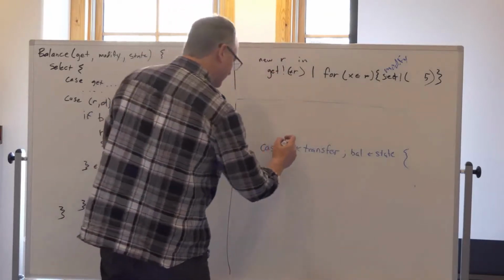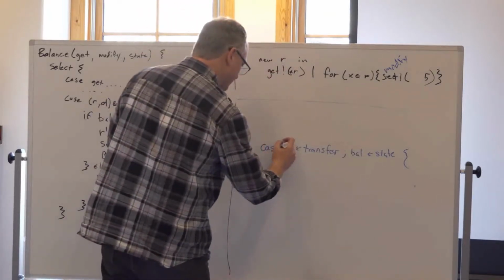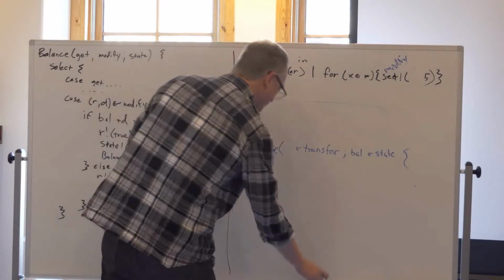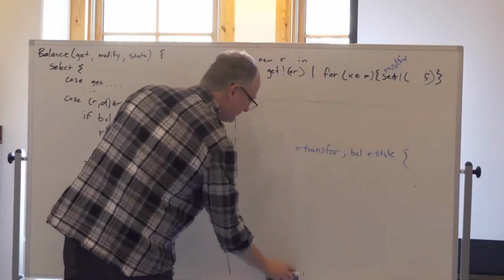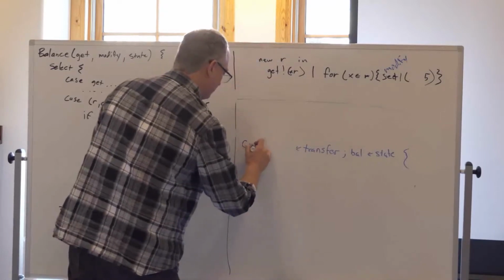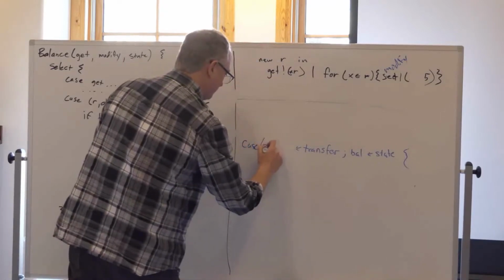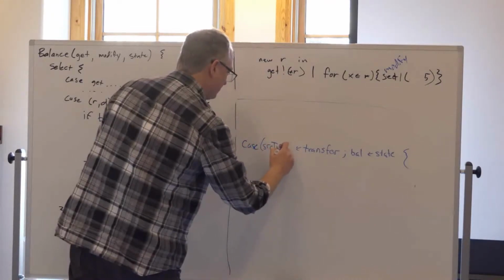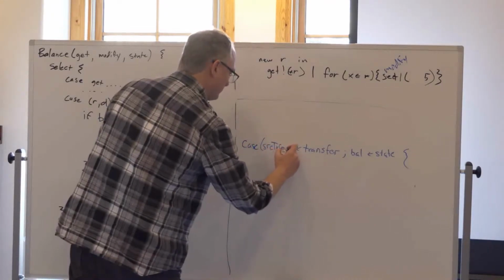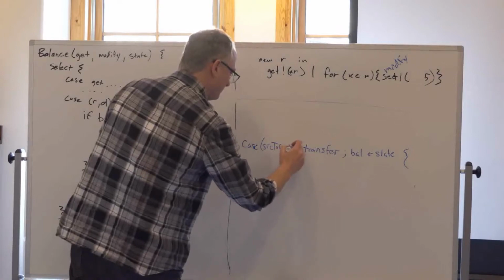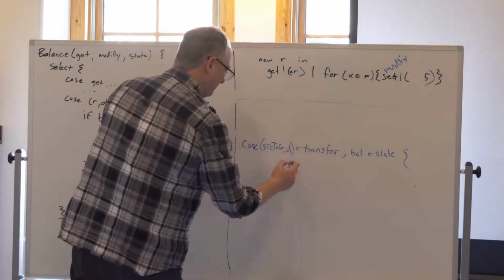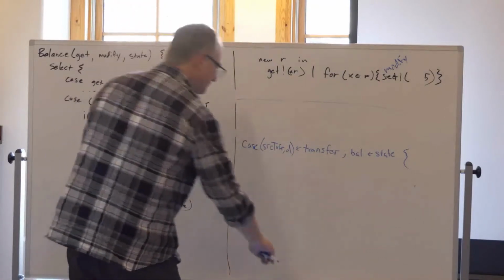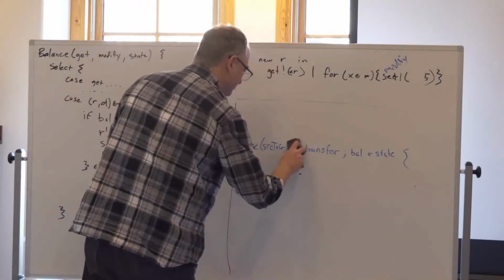I'm trying to remember if it's three things. Right. Make it a little bigger. We also need a return channel.